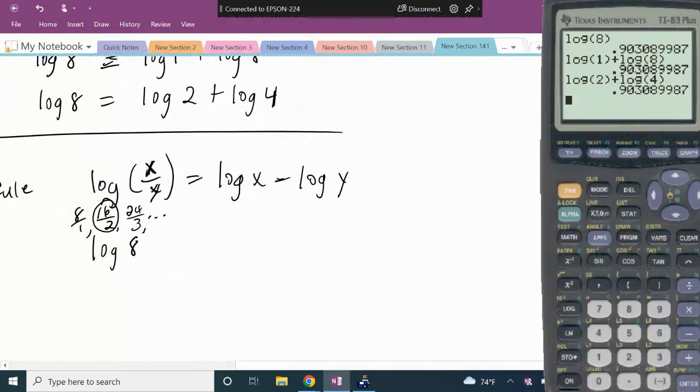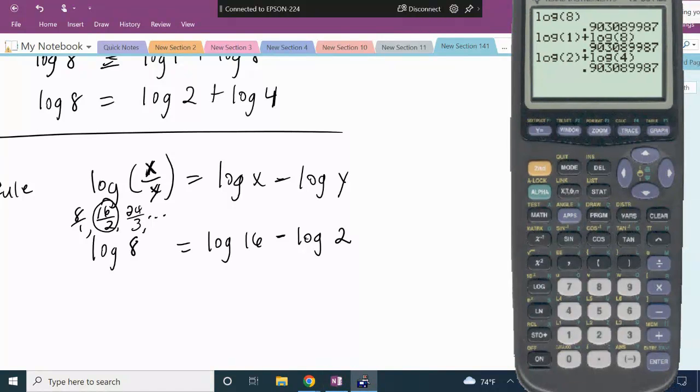I'm going to take the log of 8 and write that as the log of 16 minus the log of 2. Now 16 minus 2 is not 8, but I'm not dealing with a 16 and a 2. I'm dealing with log 16 and log 2.